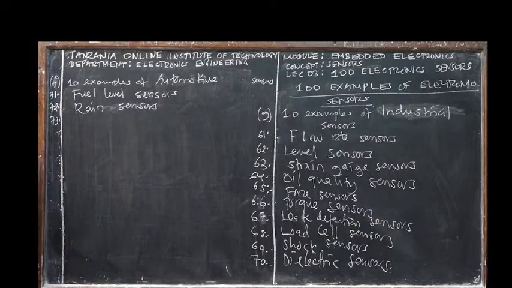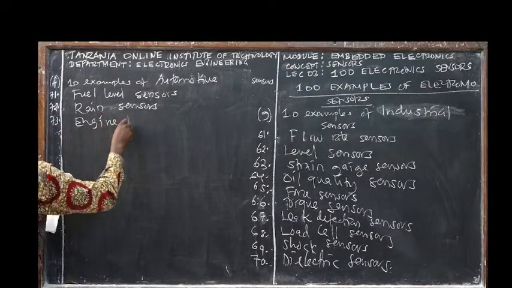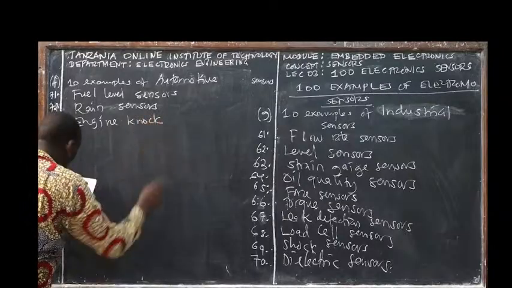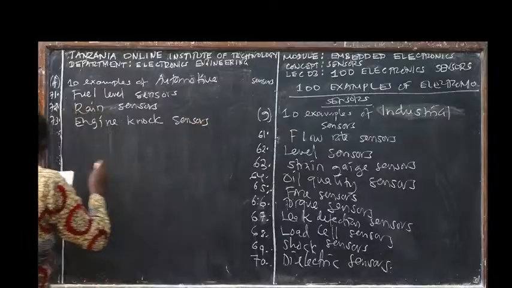Then another example is called the engine knock sensor. Engine knock means failing to ignite. Say engine knock sensors.